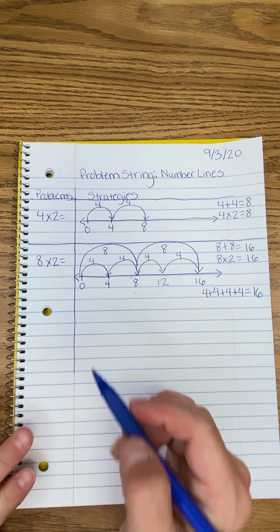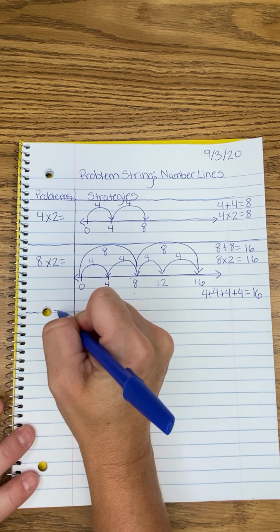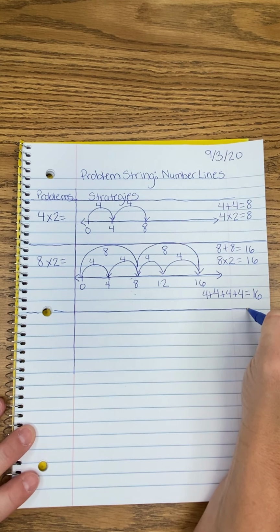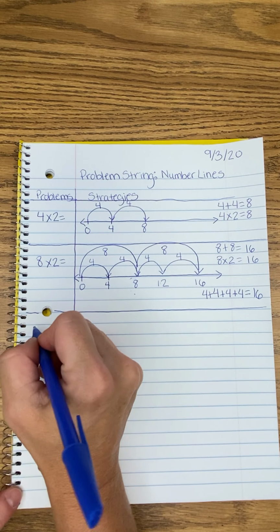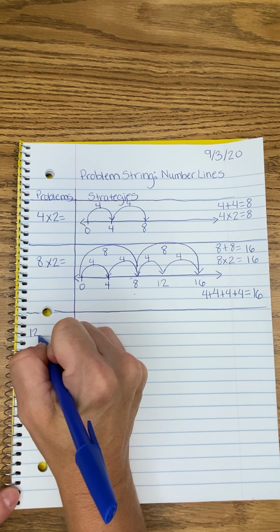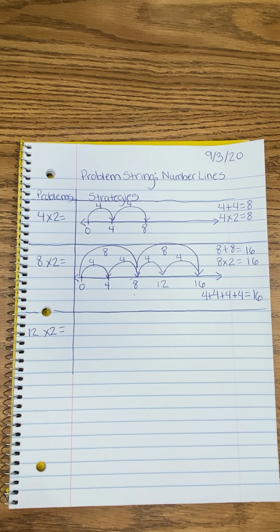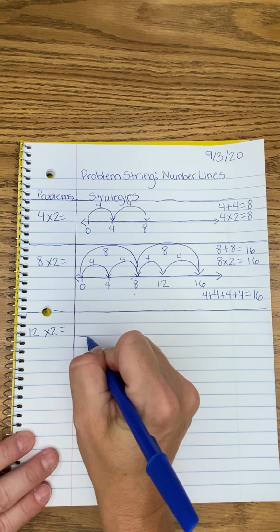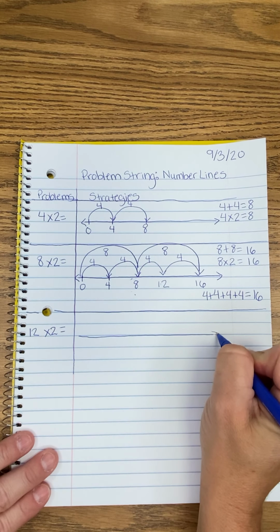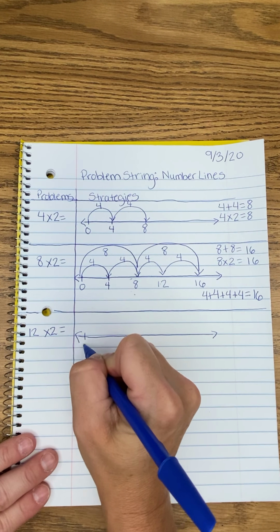So now we're going to draw another line. And we are going to solve 12 times 2 equals. So this is going to be your assignment for tomorrow. I want you to show me how would I solve 12 times 2 using that open number line starting at 0.